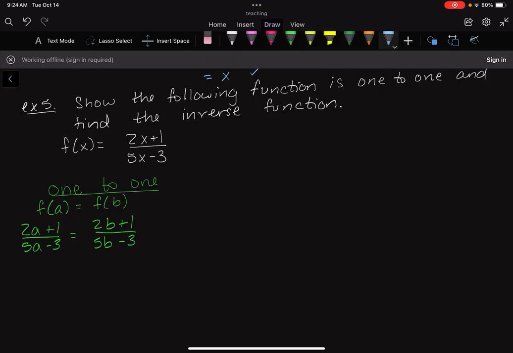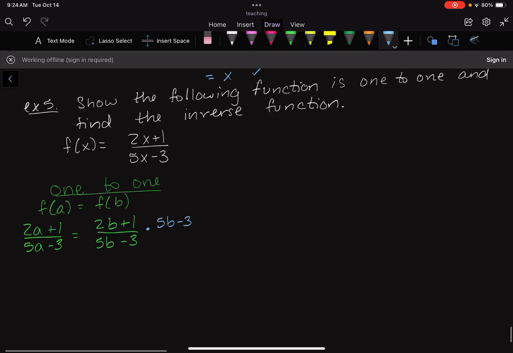So in general, when we have fractions, we can multiply by our denominators. So I'm going to multiply both sides by 5b minus 3, which will cancel it out here. And then I'll multiply both sides by 5a minus 3, which will cancel it out over there.